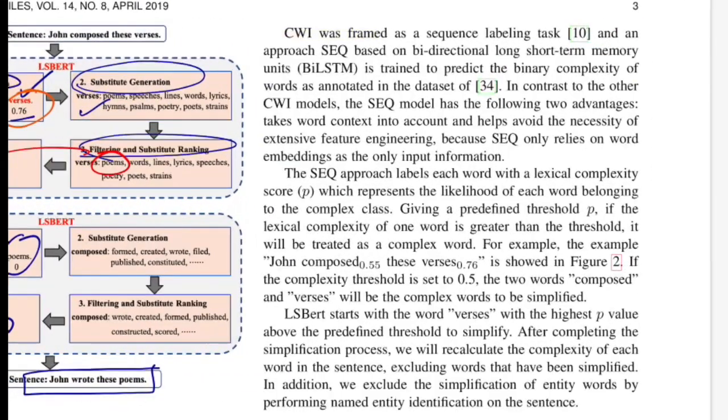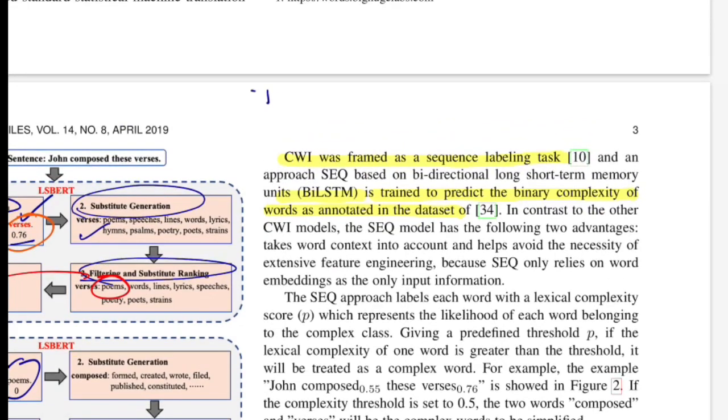Okay. They frame this task of complex word identification in the form of a sequence labeling task, for which they use a BiLSTM that is trained to predict the binary complexity of a word given an annotated dataset. Okay, so this is similar to how named entity recognition or any sequence labeling task is done. So what happens is the training dataset consists of multiple sentences, let's say S1 to SM, and each of the sentences is nothing but a sequence of words, let's say W1 to WN.